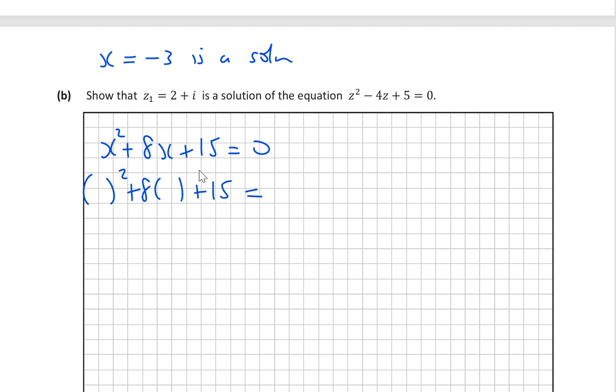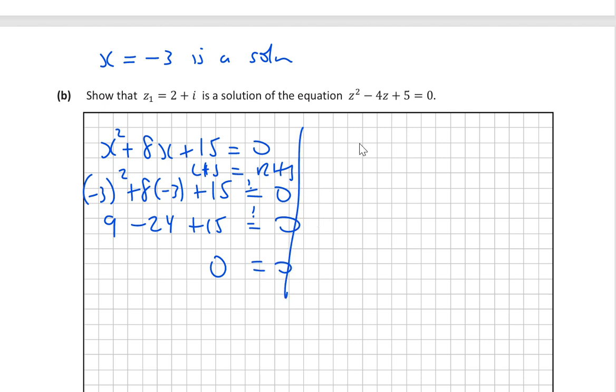You sub it in and you show that the left hand side is equal to the right hand side. So doing that here, we're putting in minus 3. You get 9 minus 24 plus 15 equals 0. So basically 9 and 15 is 24, minus 24, 0 equals 0, done.